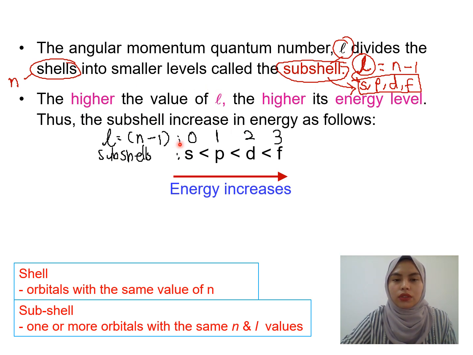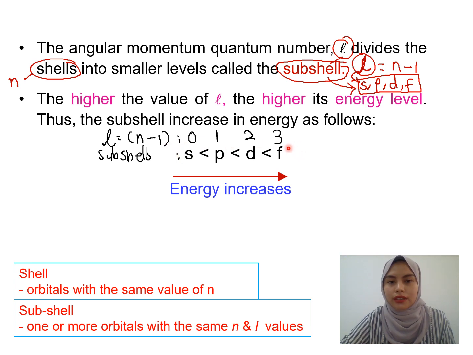Okay, so towards ke kanan makin bertambah kan value of L, therefore the higher its energy level, the energy will be increased from left to right. Okay, and therefore the subshells, dia punya energy dia akan increase as follows. Okay, from S, P, D dan seterusnya F.